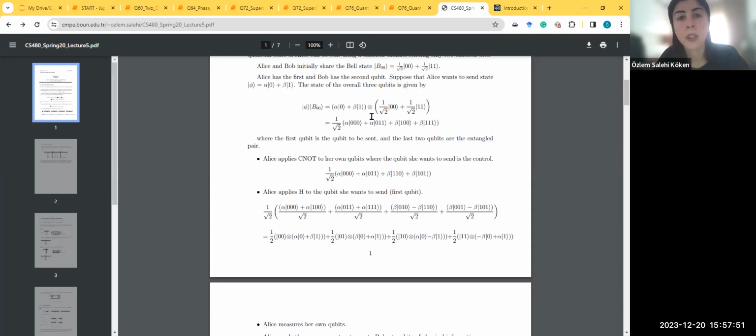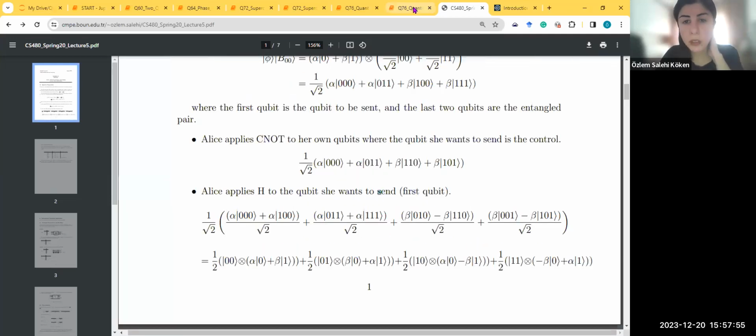It's the same, just instead of A and B here we have alpha and beta, but otherwise it's the same. So we would like to apply Hadamard on the first qubit. On this one, this one. So those are the first qubits. I mean, we have a single first qubit, but you know, we are in superposition.